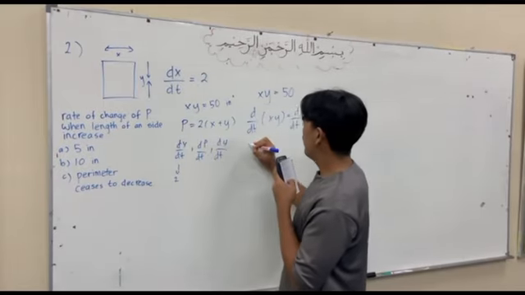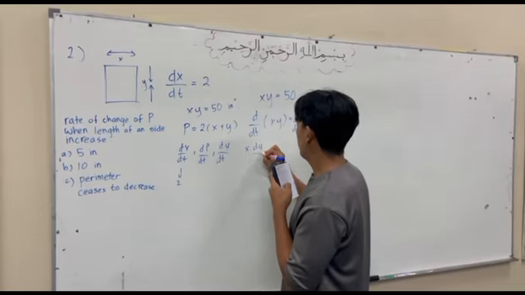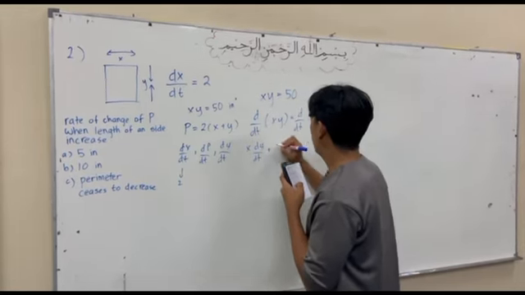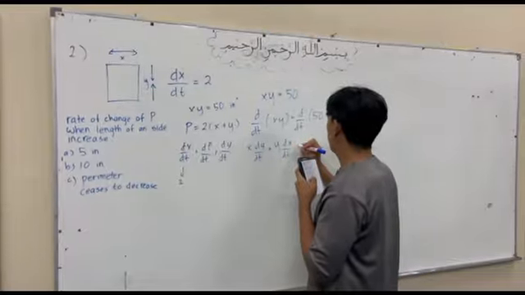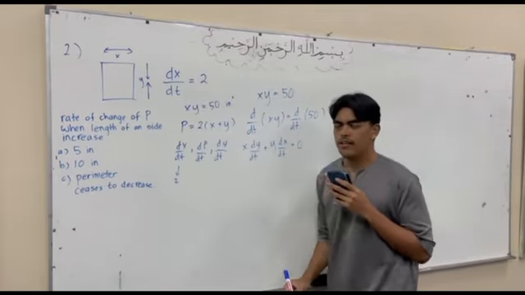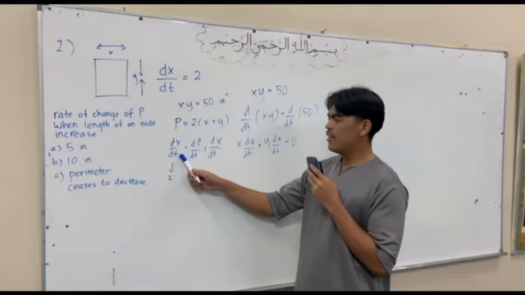We get, alright, we know dx/dt equal to 2.